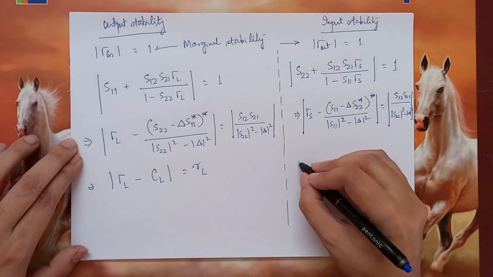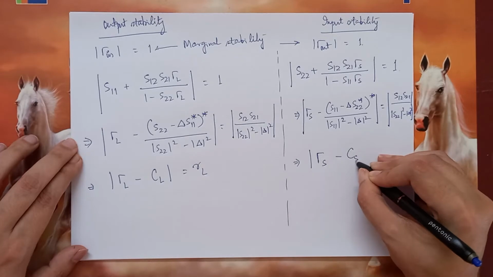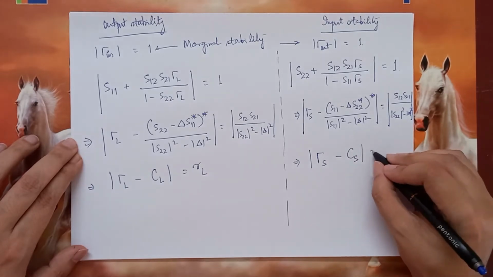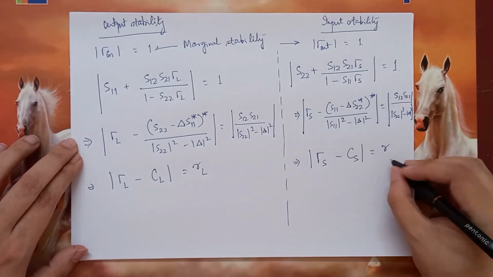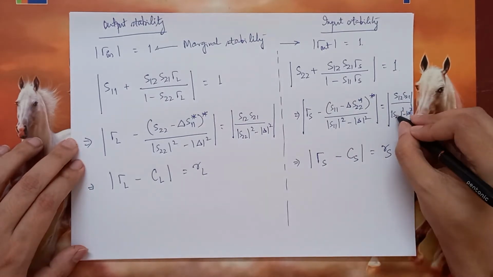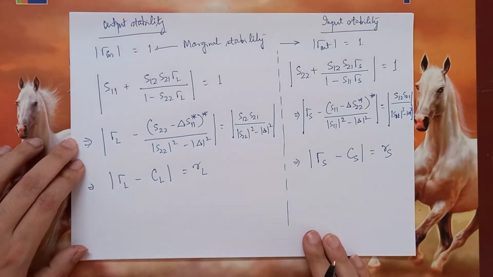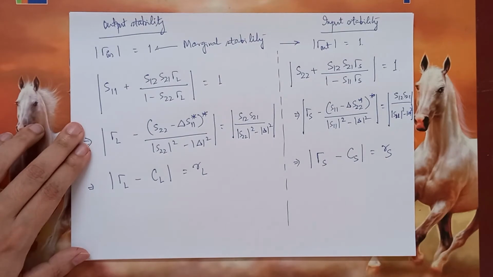And here we said that this equation can be called gamma S minus this complex quantity on the source side whose magnitude is equal to some real quantity on the source side. This will be S11. So just be careful with the formula a little bit.